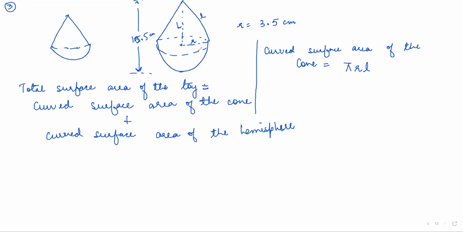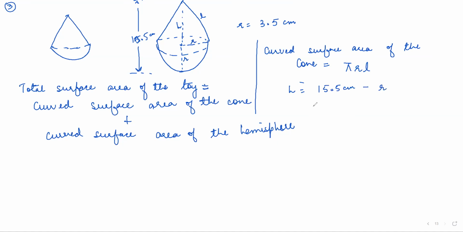Okay, now h will be how much? h will be the total height of the vessel minus the radius of the hemisphere, because this is also radius, isn't it? This is also r. So h will be 15.5 centimeter minus r.